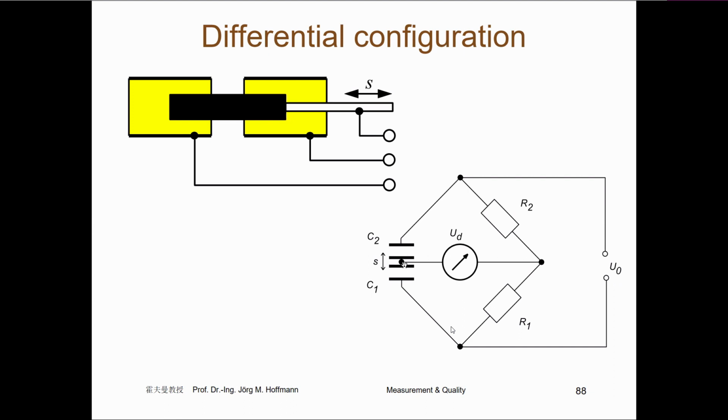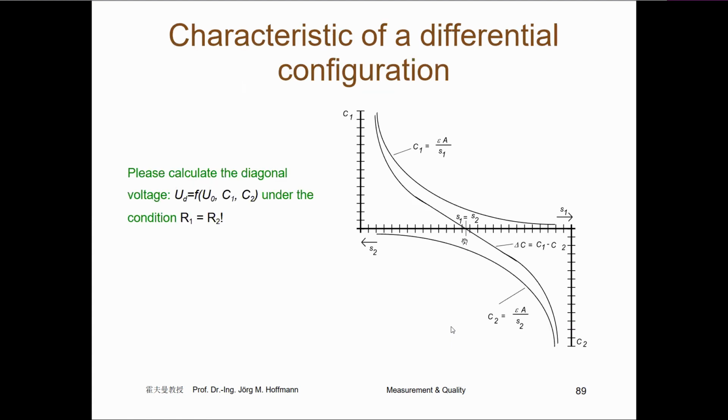A half on the left side, a half on the right side, so that the difference is zero. And that would be this point. The way 1 and the way 2 is the same. So you are here in the middle, and you have as a difference 0. But when you go now up and down and calculate the difference, you see that you are linear in a wide range.